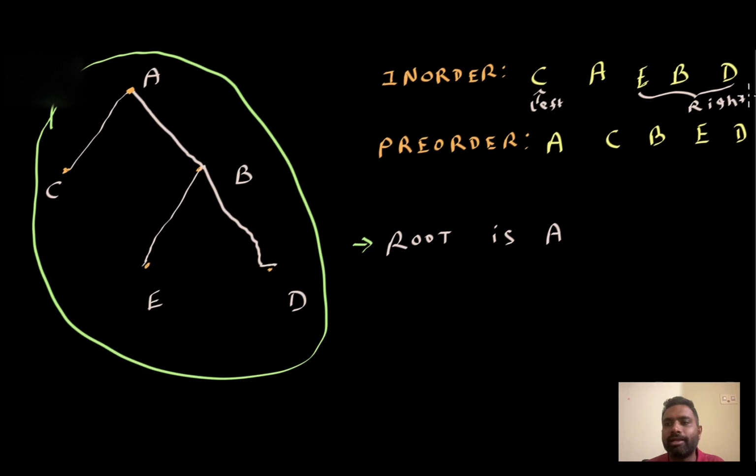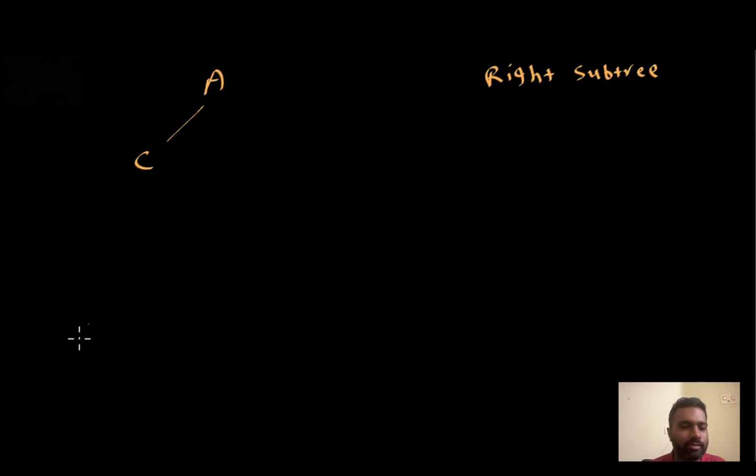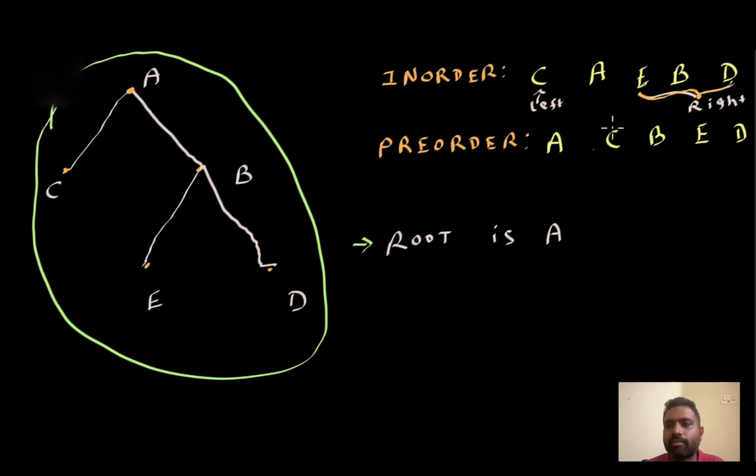E, B and D, and similarly the pre-order traversal will be B, E, D. So right subtree in-order traversal, if I write, that will be nothing but this sequence, right? This is the in-order traversal of a right subtree. So let me write it in order. That is nothing but EBD.